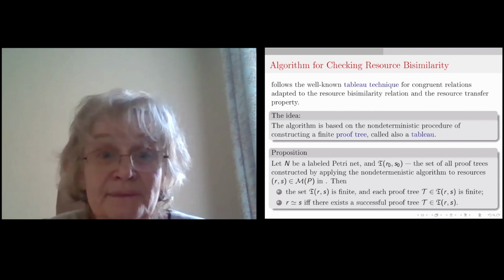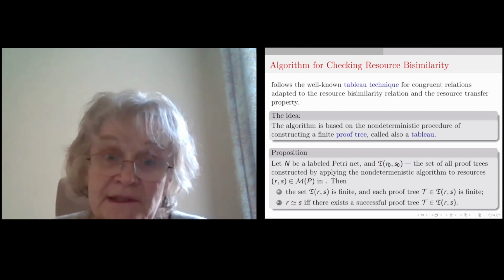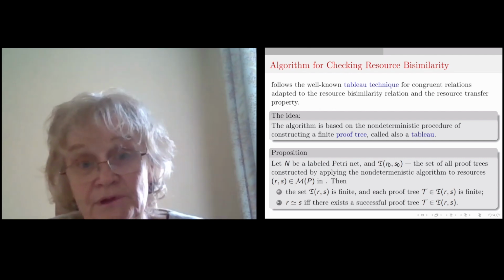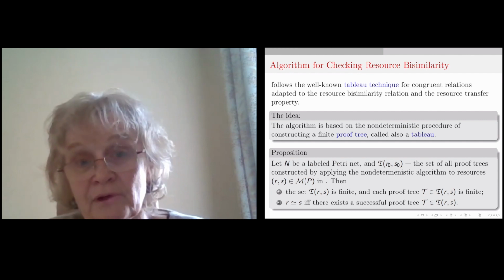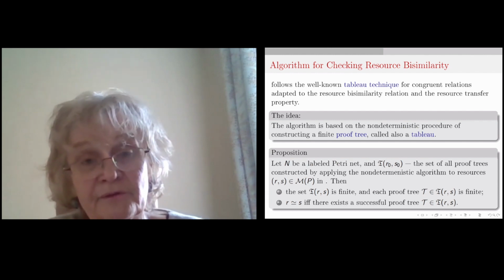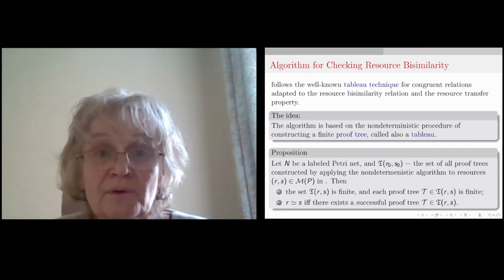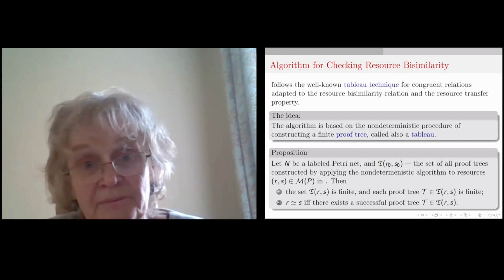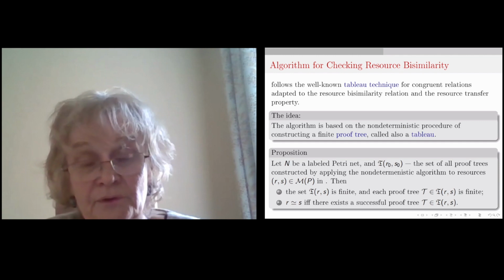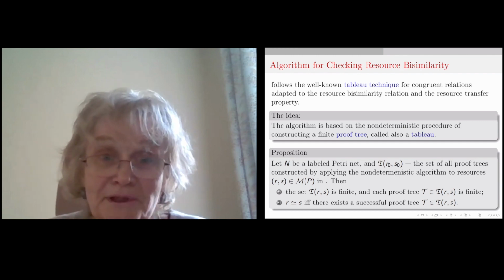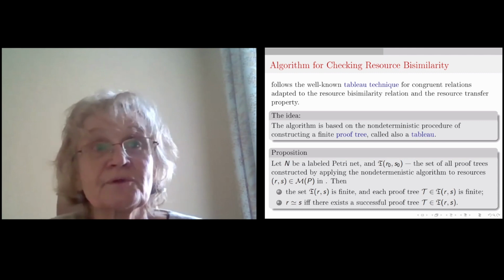The algorithm idea uses tableau methods, which were used for proving decidability of bisimulation equivalence for context-free Petri nets. But here, of course, we need to adapt it to the resource transfer property and also to prove some additional properties to show that this construction works.